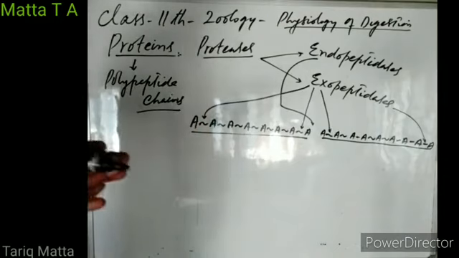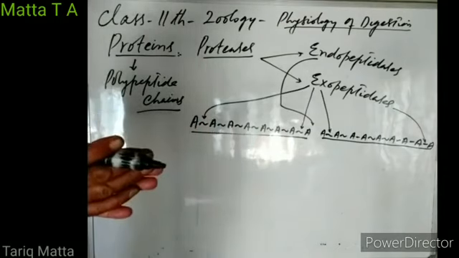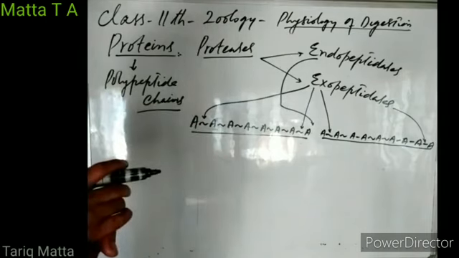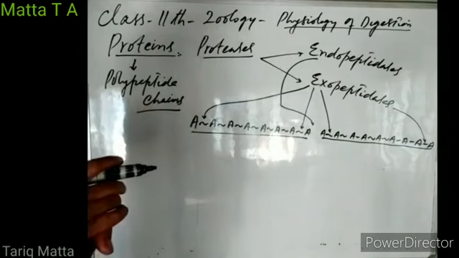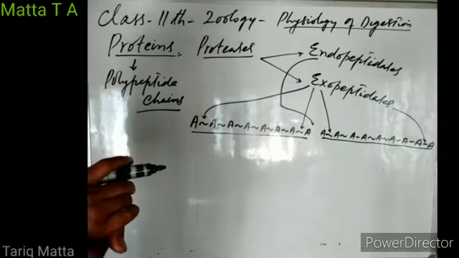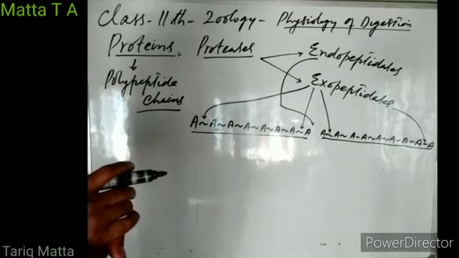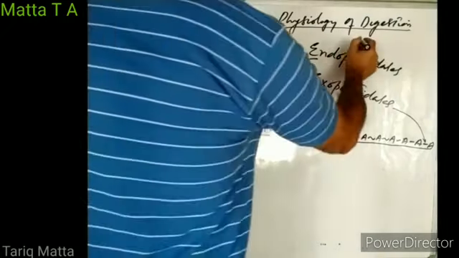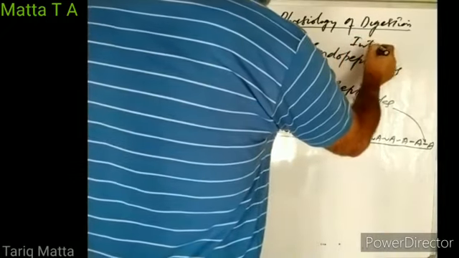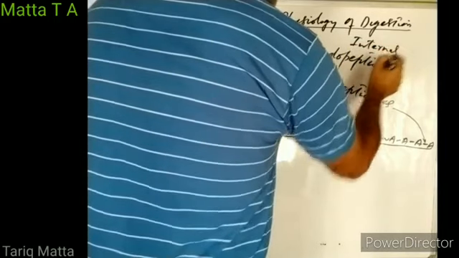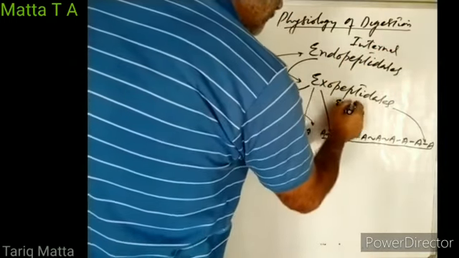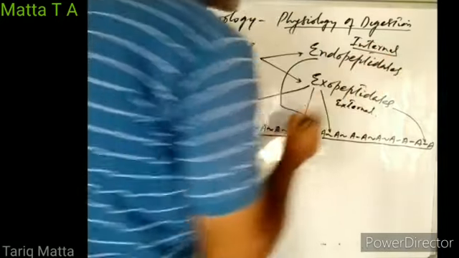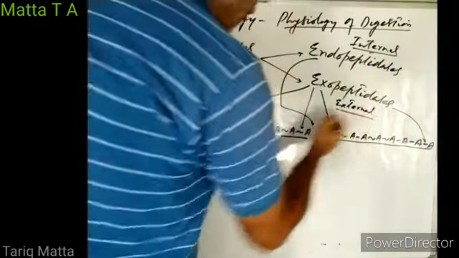So they cut the peptide bonds from the terminal side of a polypeptide chain or a peptide chain. That is why we call them exopeptidases. Exo means external, endo means internal. So endopeptidases attack internal peptide bonds, and exopeptidases attack external peptide bonds.